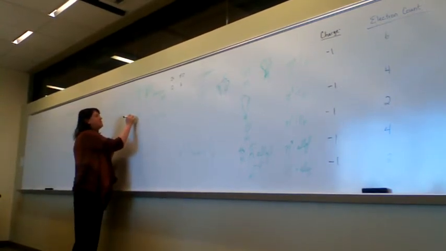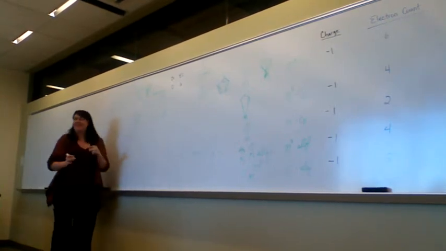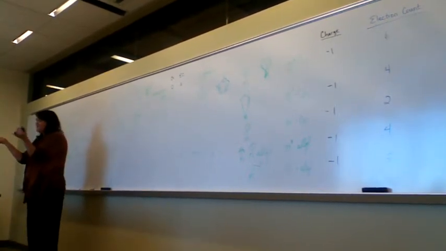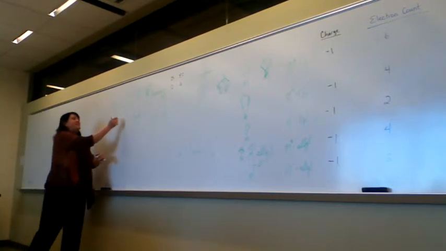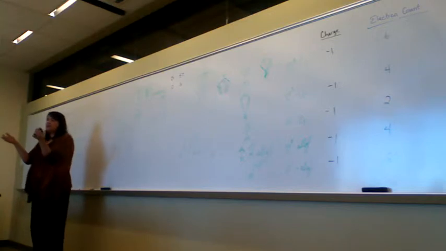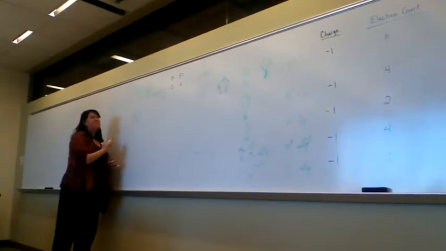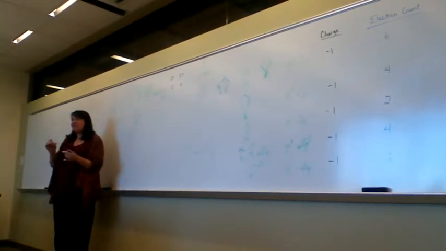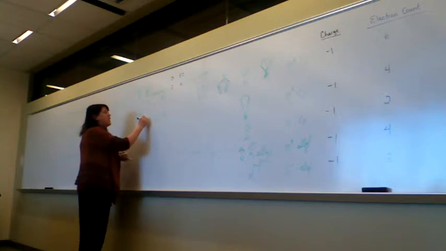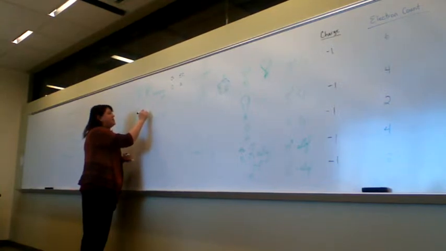Let's see, 1, 2, 3, 4, 5, 6, 7, 8. Okay? So it bends around because it's got the flexibility in these carbons to do so. And so it kind of makes a dome over the structure. And we're drawing this to the double bond. If we draw it just to the atoms, then we'd have 2 over there, and 2 over here, and then our bridge in the middle.